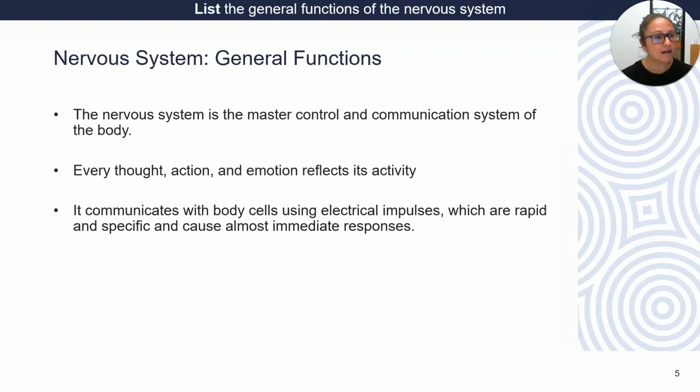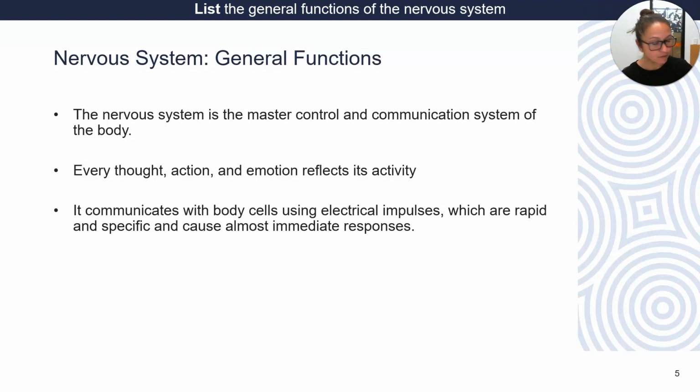Okay, so what does the nervous system do? Well, it controls everything. Okay, and you will see as we go through all the aspects of the nervous system everything that it does. So it controls all of your actions, all of your thoughts, all of your emotions, everything.